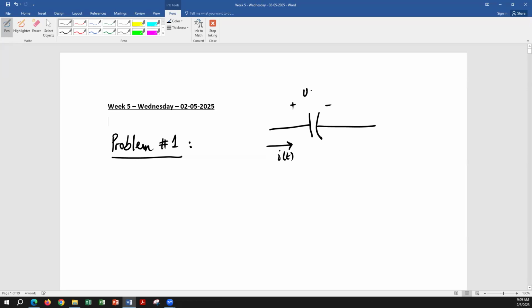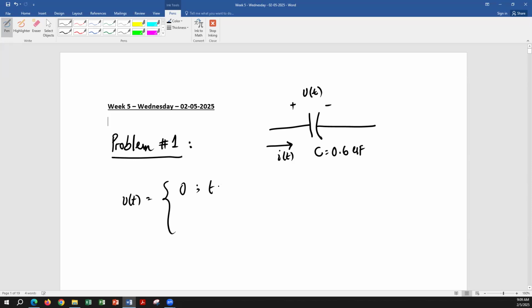Of course, current cannot flow through the capacitor as we discussed, but it's just a figure of speech. Capacitor value is 0.6 microfarad. And the voltage across the capacitor is given. Capacitor is initially resting or it is not charged.